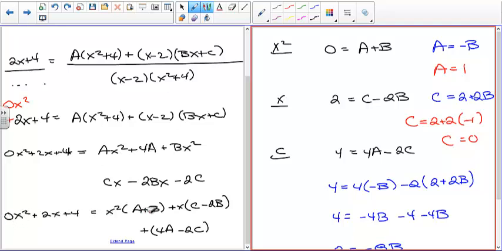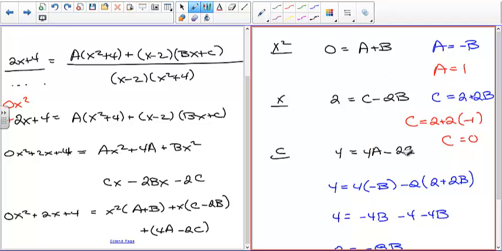So we had 0 equals a plus b. From x squared, we had 2 is equal to c minus 2b. And we had 4 is equal to 4a minus 2c. Then the last equation is a function of a and c. So you solve the first equation for a and the second equation for c, in terms of b.